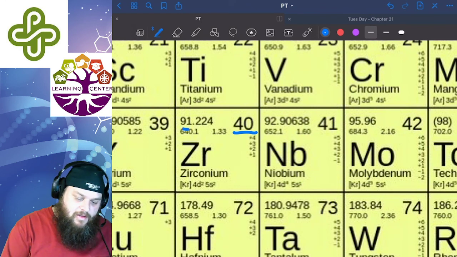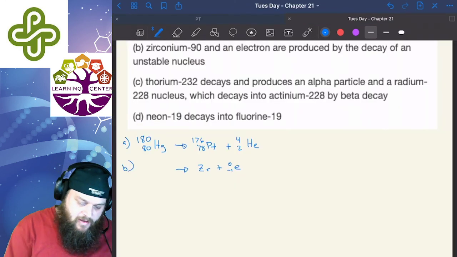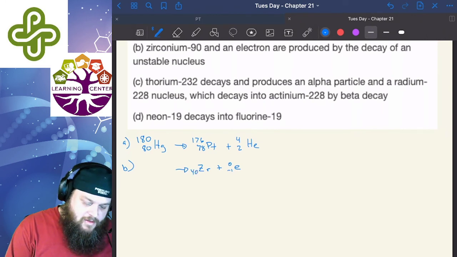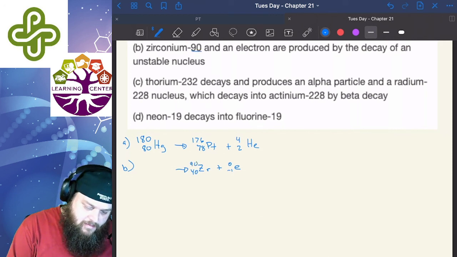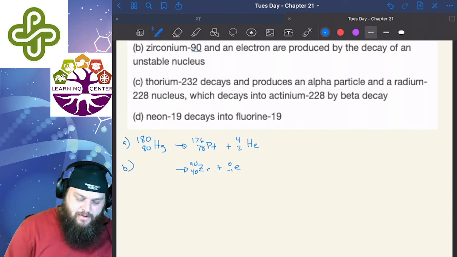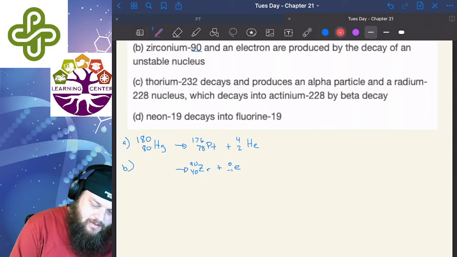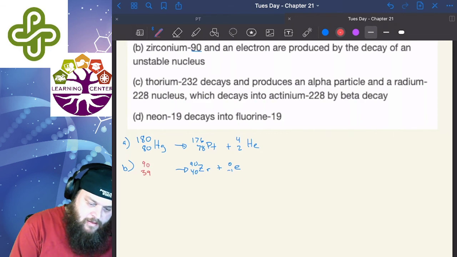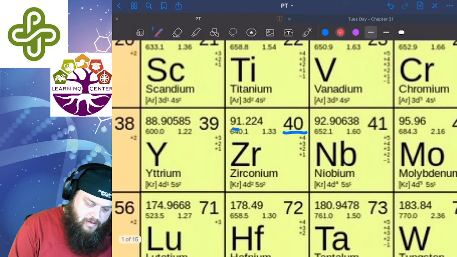I was looking for the atomic mass 90. So in this case, we have zirconium-90. Now we can just add those backwards and know that this is going to be 39, 90, and then hop over 1 to yttrium.